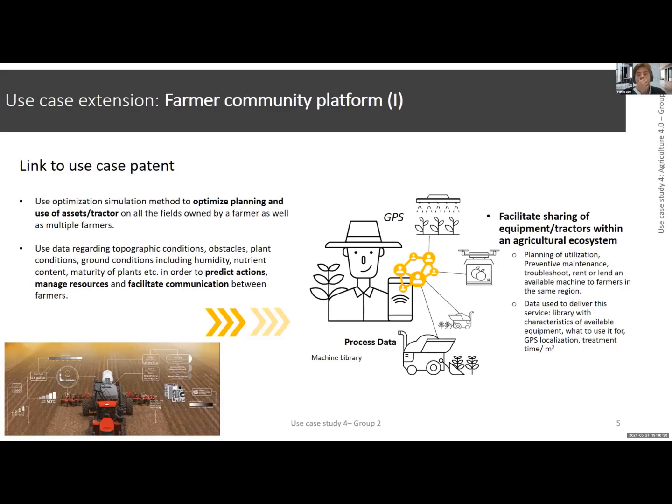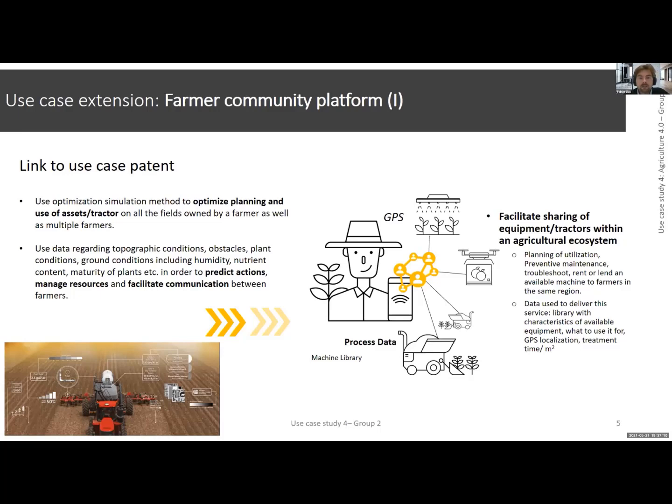In this way, a platform user who is interested could use these machineries, these tractors, and the platform would manage all the sharing process. And we could even use GPS data to determine directly where the position of a tractor is, so that the interaction of the proprietor is really less. So this facilitates all this process of sharing equipment or tractors within an agriculture ecosystem.